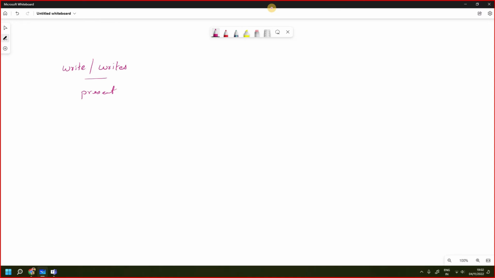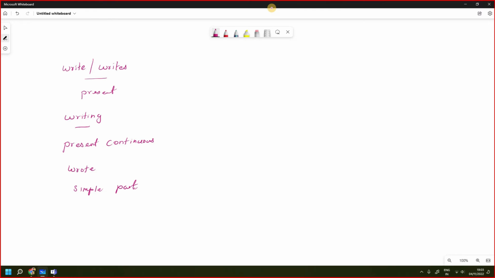These two words are used only for present. And writing is used for present continuous tense. Then what is the past form? Wrote. This is used for simple past.